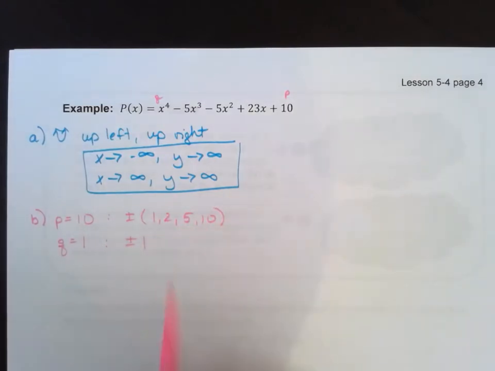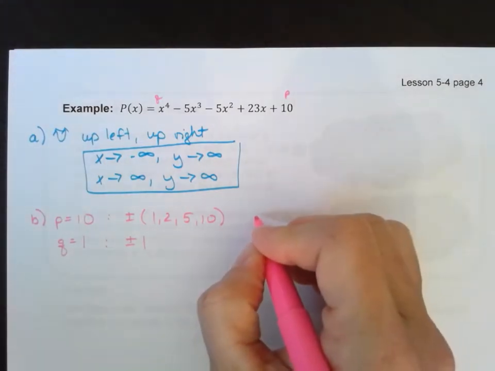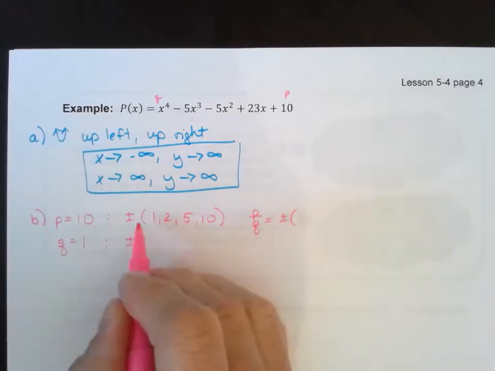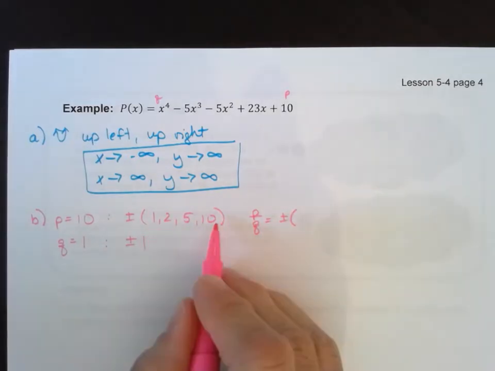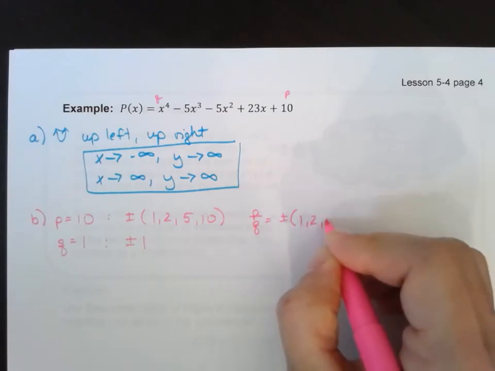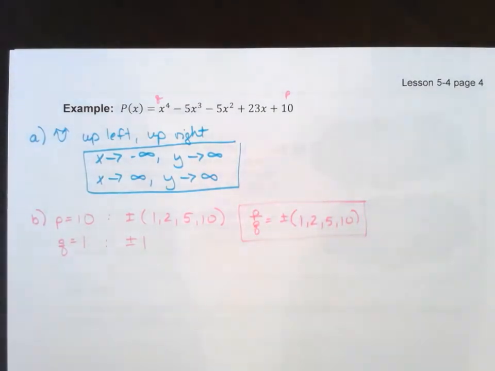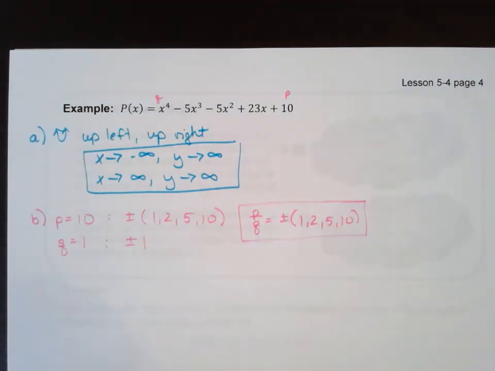Factors of 1 would be positive and negative 1. Put all your p's over all your q's. If you put all these over 1, you just get all these. So you have 1, 2, 5, and 10. This is your list of possible rational zeros.